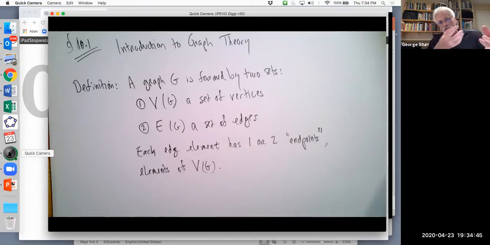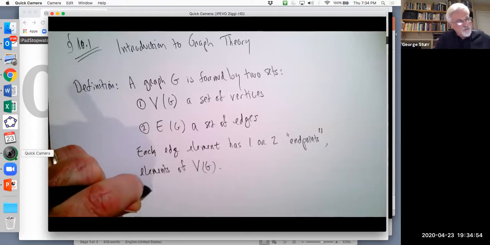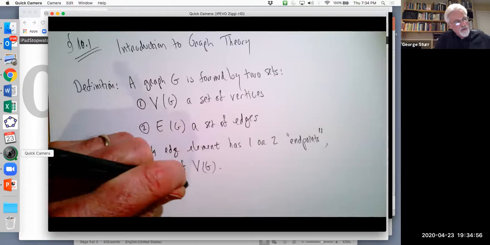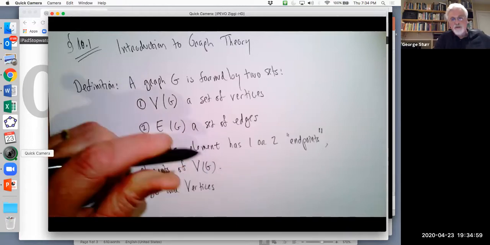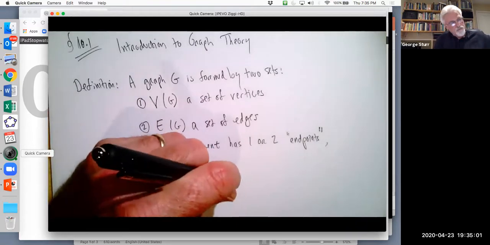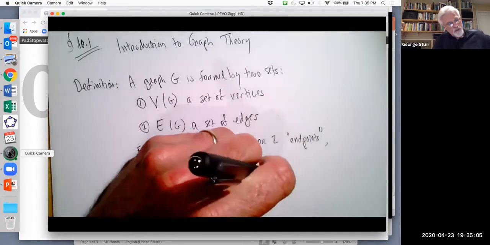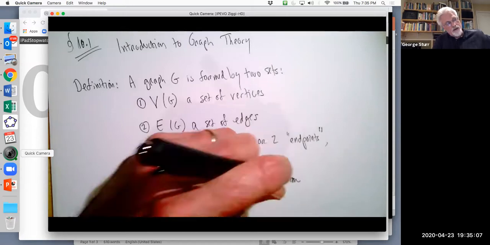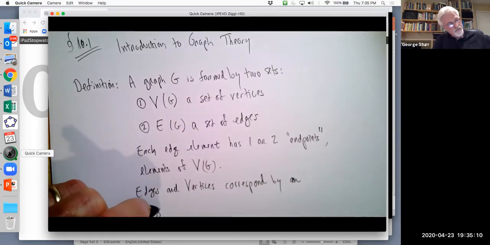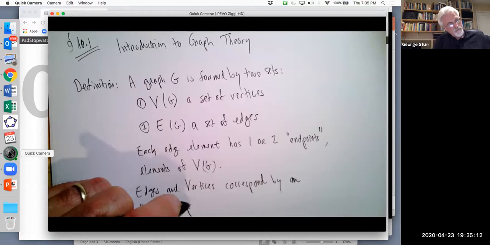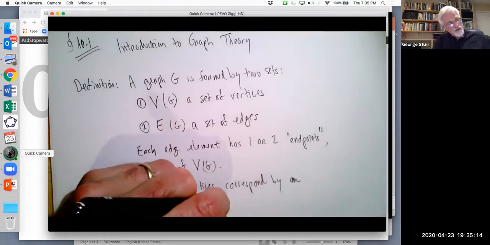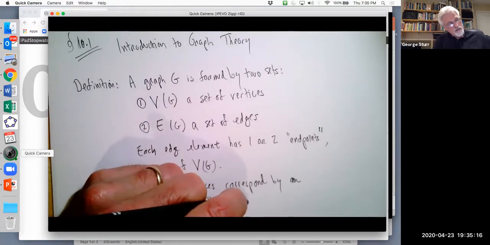Now, the way that these edges and vertices are related to each other is given by one other feature of your graph, that edges and vertices correspond by this thing, by an edge endpoint function.